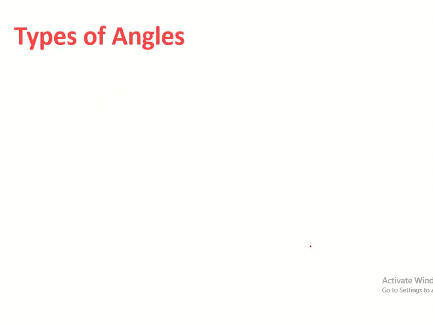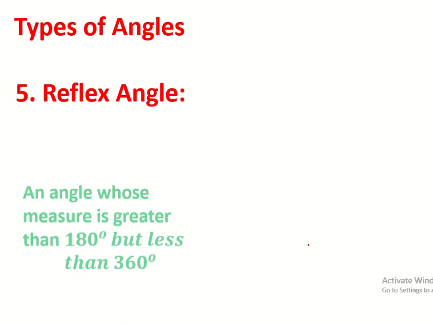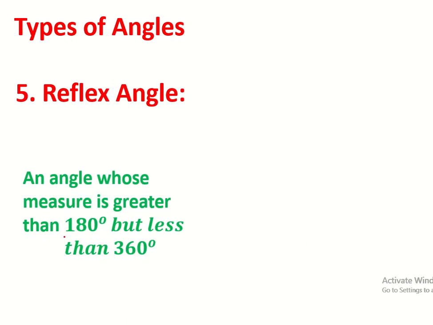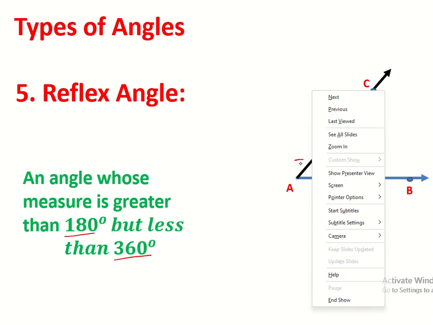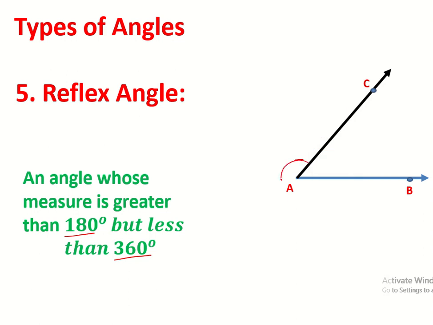Then we have the reflex angle, whose measure is greater than 180 degrees but less than 360 degrees. It is this angle that I'm drawing here. So here, the measure of this angle BAC is greater than 180 degrees but less than 360, so it is known as a reflex angle.